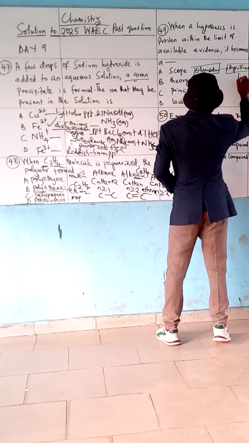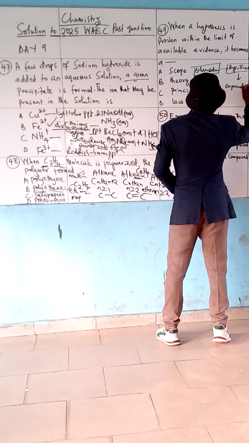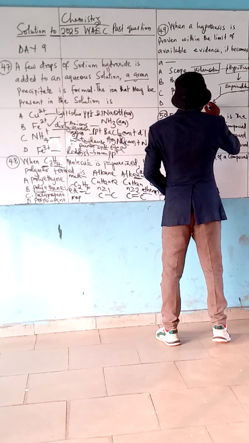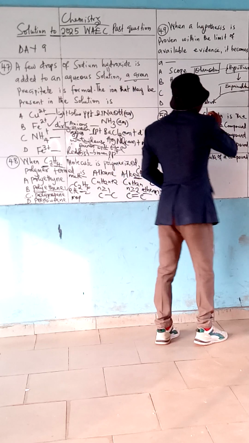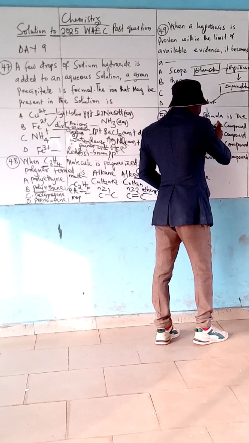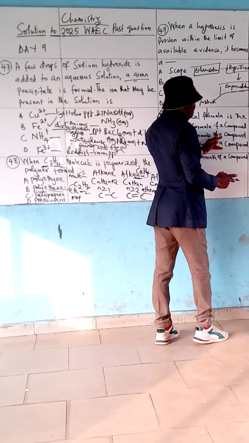After hypothesis, to test your hypothesis, that is experimentation. If the result of your experiment is positive, now you can take further experiments. If it becomes positive, then we jump into conclusion.